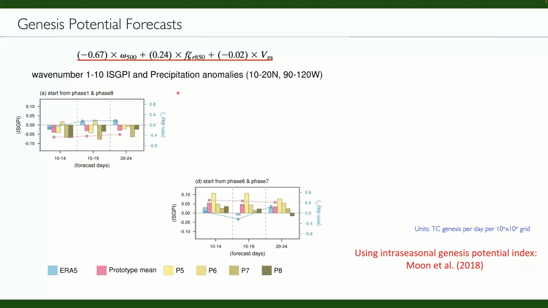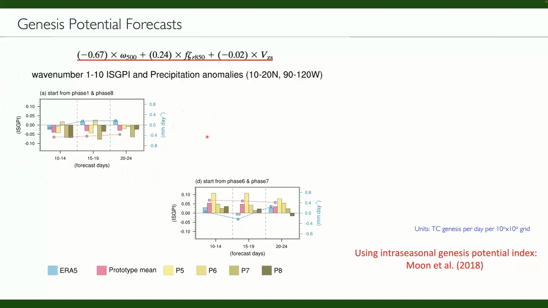We input large-scale fields associated with UFS forecasts into this index, and compare those to similar results from the actual observed state.